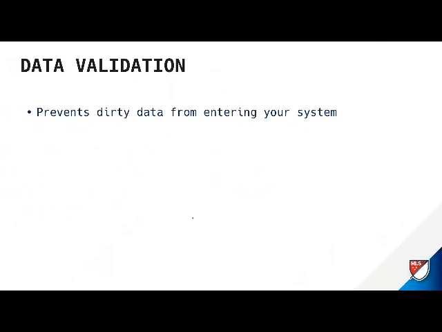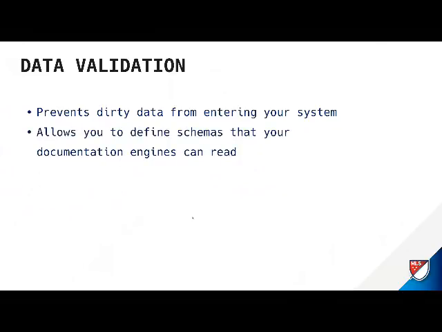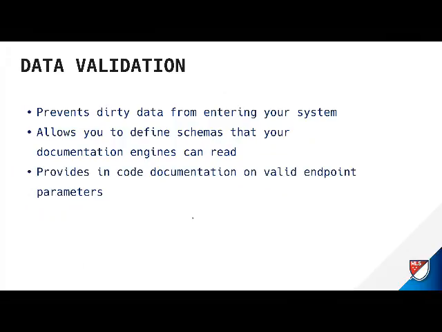So data validation prevents dirty data from entering your system. That's the number one benefit. However, if we set it up properly and use good schemas, we also get some added benefits. It allows you to define schemas that documentation engines can read, and we're going to take a look at this in a second. And it also provides in-code documentation.